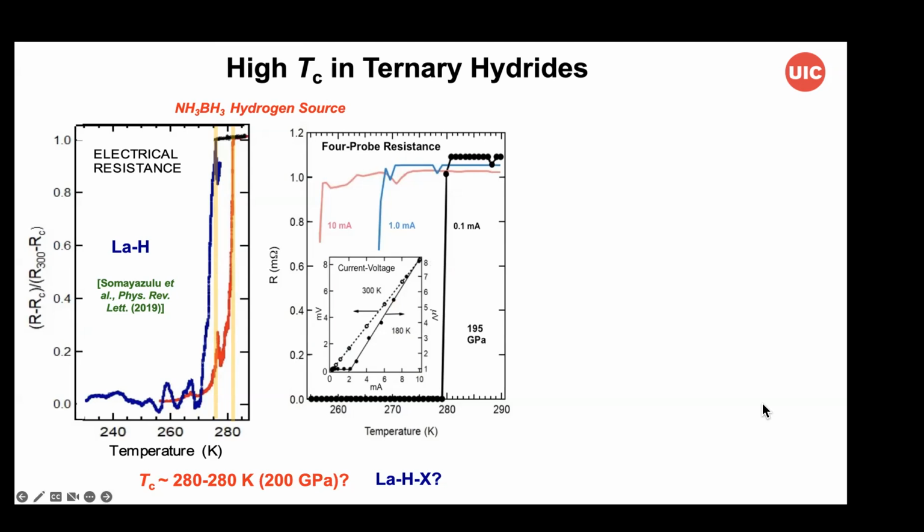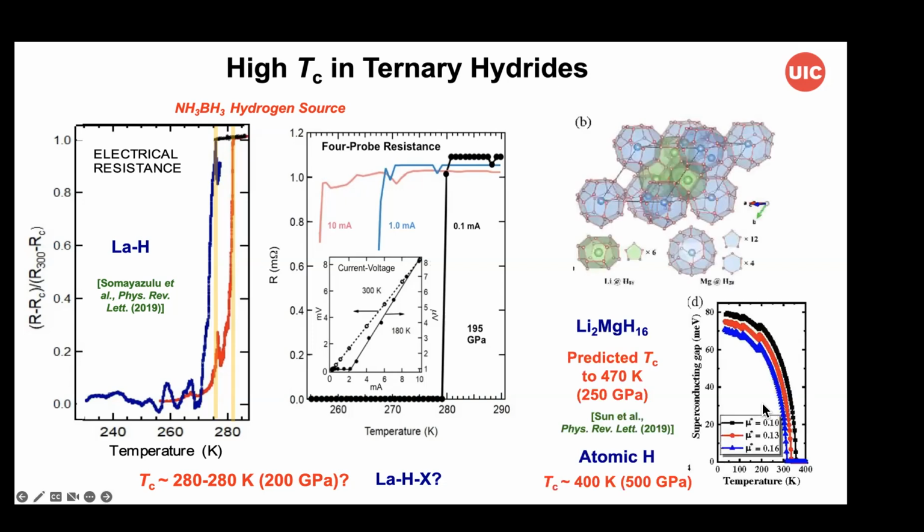And these experiments were not complete for probe measurements, so we had to normalize the resistance. We didn't have a zero resistance state after the onset of conductivity, but nevertheless onsets that varied from 270 up to 290 Kelvin. So this is quite intriguing.